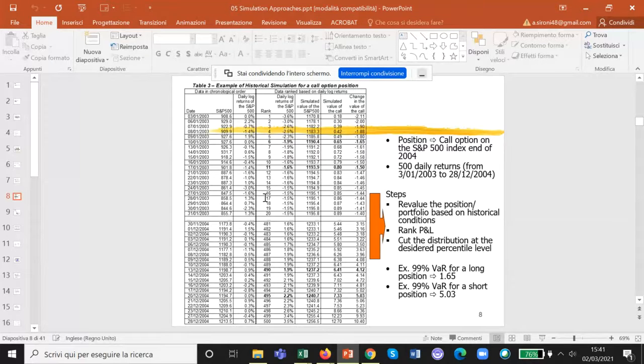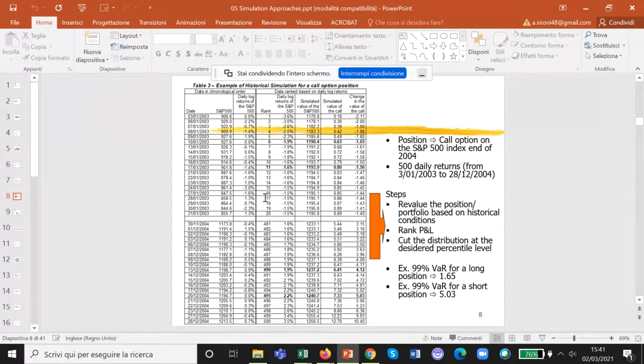So basically, the worst that would have happened in those 500 past days would have been a minus 3.6% return of the market index, which would have been equivalent to a loss in the value of the call option of 2.11. You see that in the last column, okay?